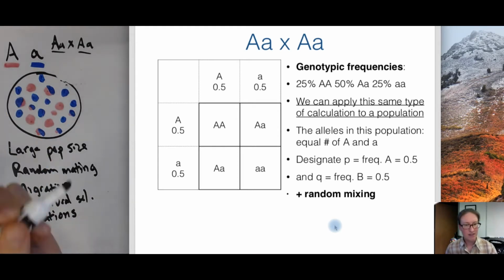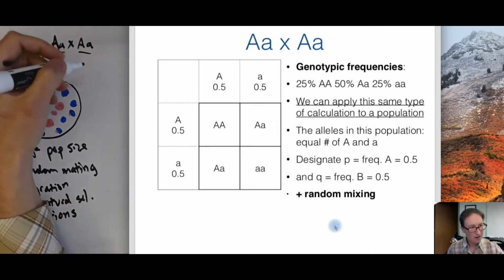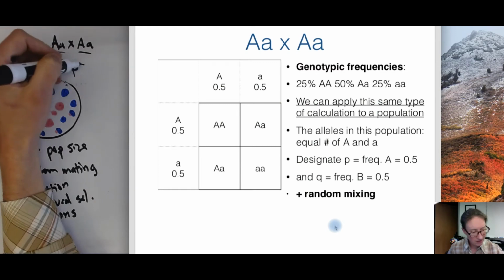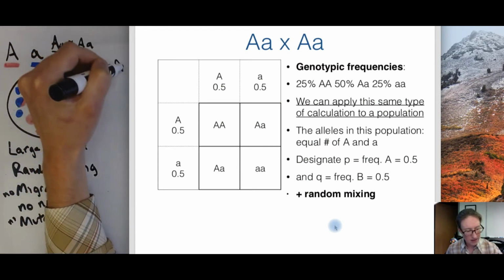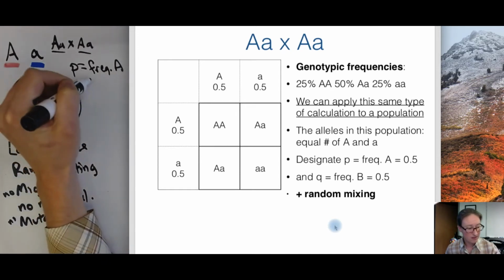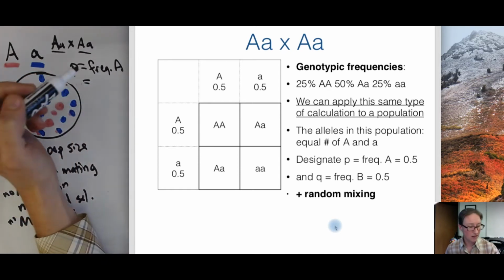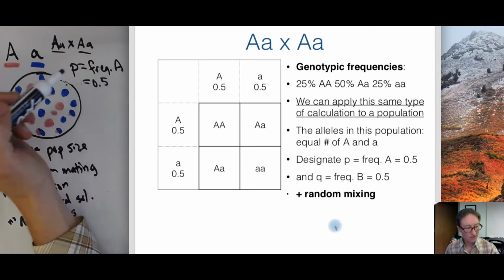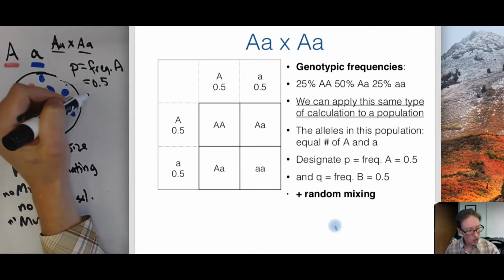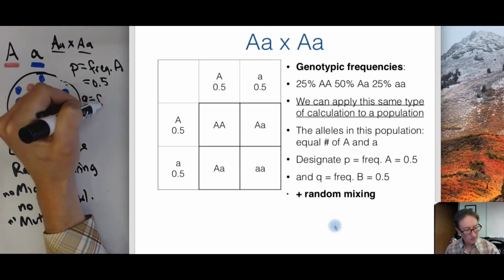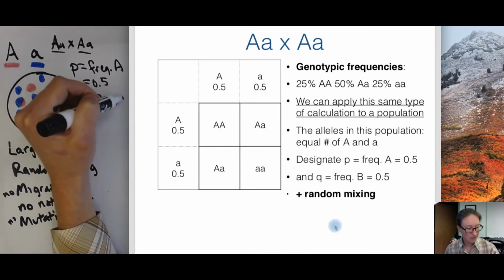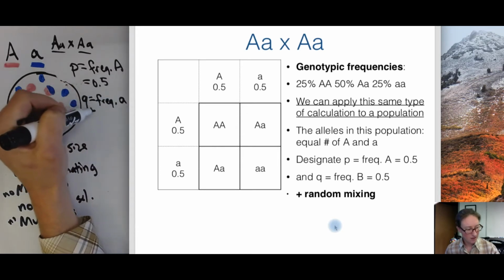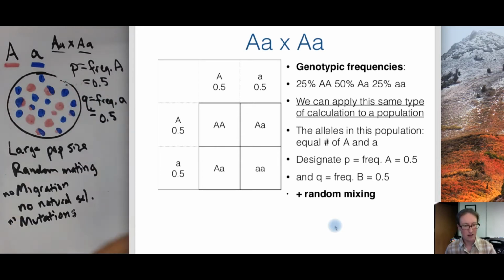Instead of just referring to big A's and little a's, they defined P as equal to the frequency of the big A allele. So in this case, the frequency of that allele is 50%, which is 0.5. And then they designated Q to be the frequency of the other allele, so in this case the little a allele, and that's 0.5.